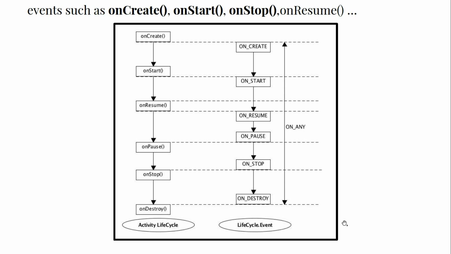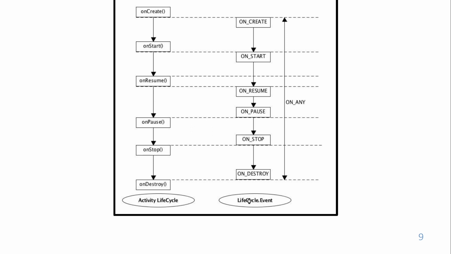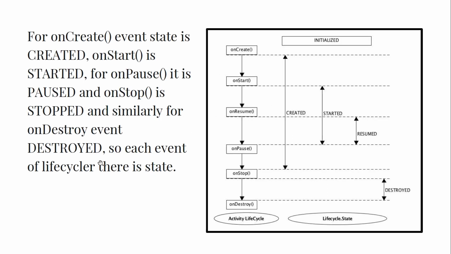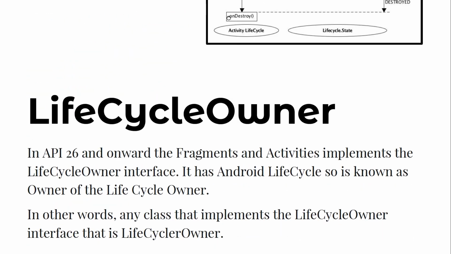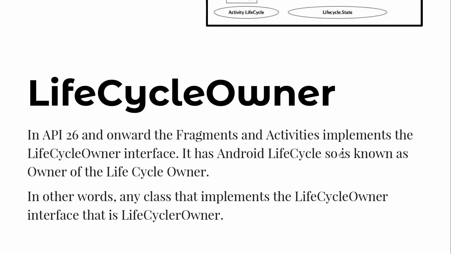These are the lifecycle events, and these are the activity lifecycle. For the onCreate event, the state is created. OnStart is started. OnPause is paused. OnStop is stopped. And similarly for the onDestroy event, destroyed, and such events of the LifeCycle observer.